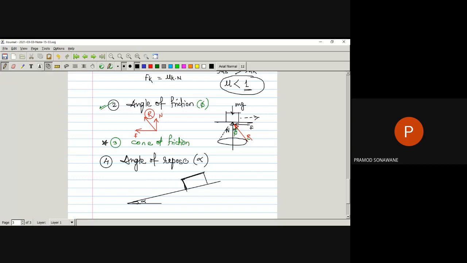Now what is angle of repose? Angle of repose is the maximum angle which this plane can have with horizontal, so that up to this angle the crate will not start its motion in the downward direction on the inclined plane.